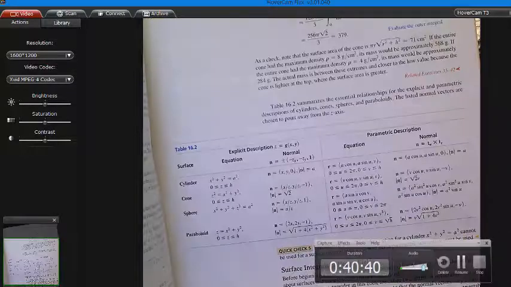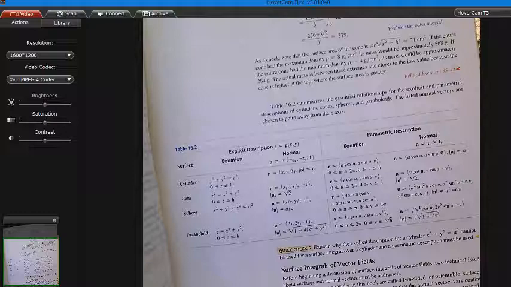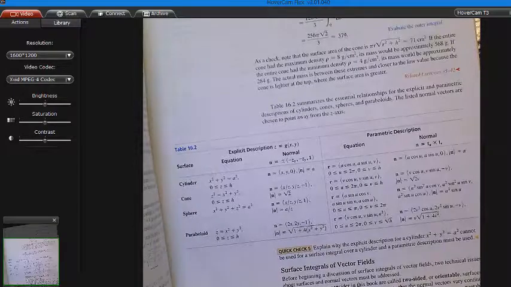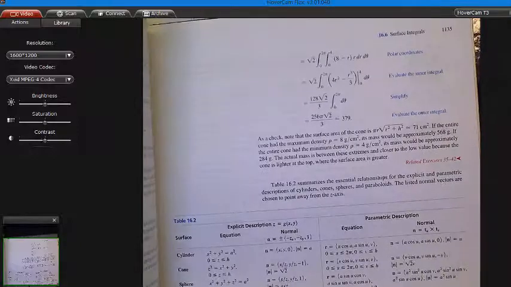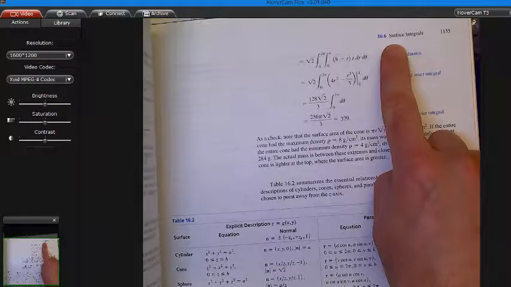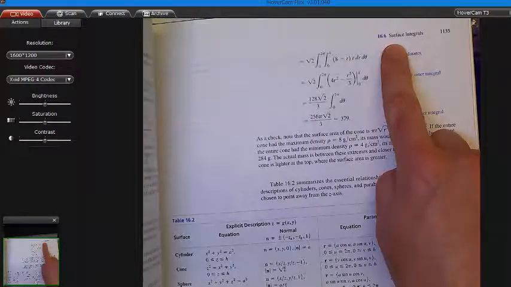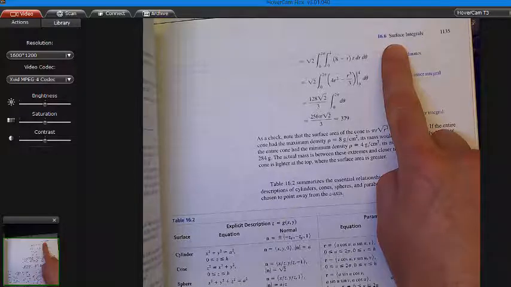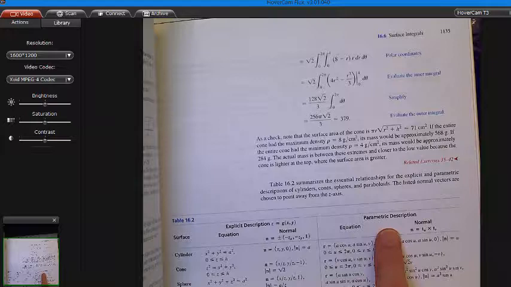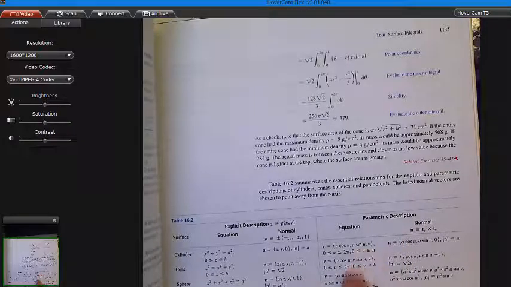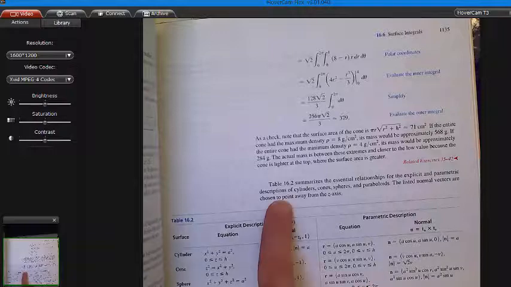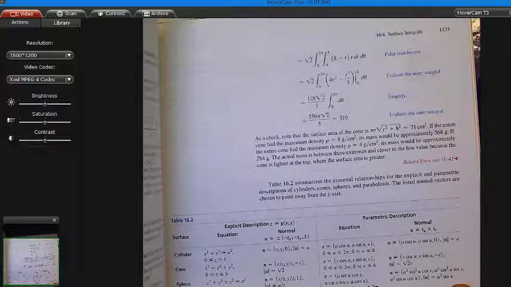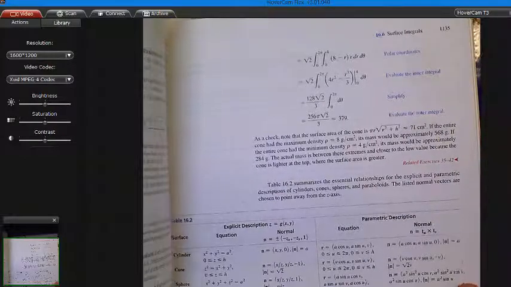For your reference when you're trying these problems, because as I said, now we've just reduced it to defining a surface integral, right? But the trick a lot of times is the parameterization. And this table is going to come in handy if you're trying these Stokes theorem problems. You go back a section, table 16.2 on page 1135, you might want to make a note of.